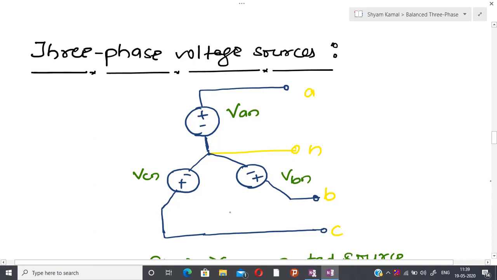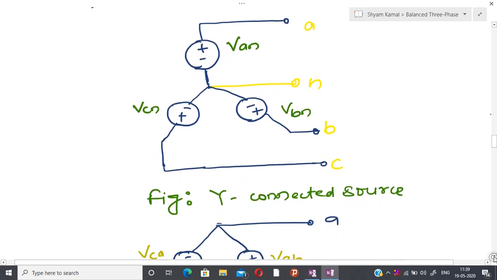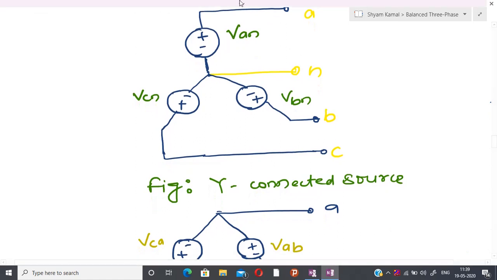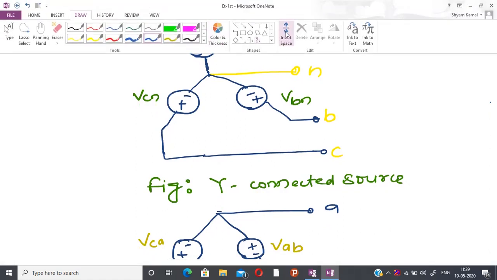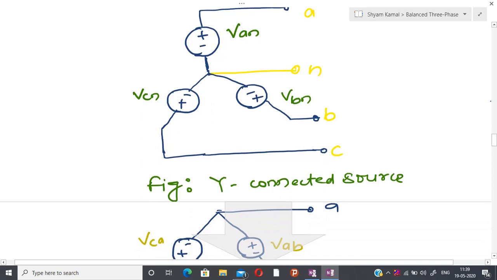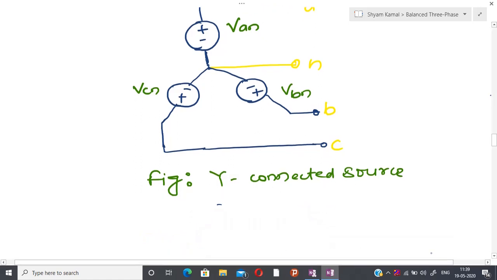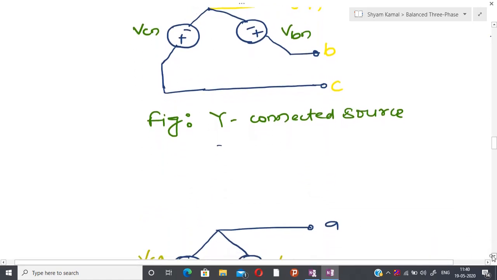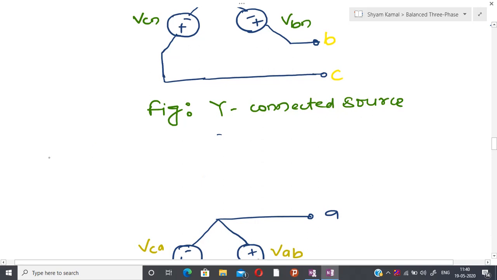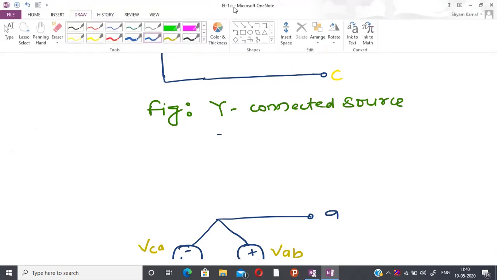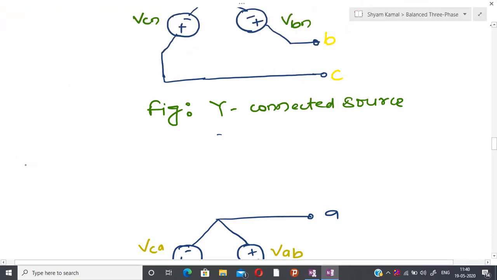So let us first discuss the Y connection, and here in the case of the Y connection I have 3 voltages. Sometimes people use these kinds of terminology, so you have to become familiar with them.